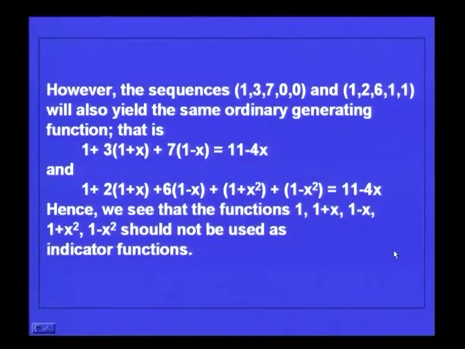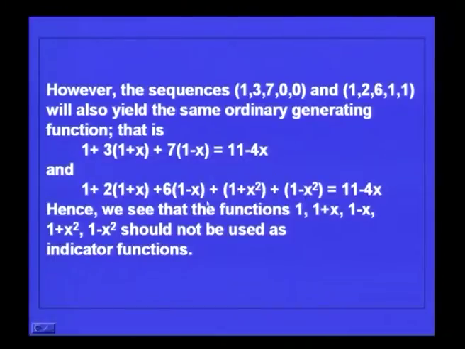It also represents another sequence. Suppose you take the sequence 1, 2, 6, 1, 1. Let us see what is the ordinary generating function for the same set of indicator functions. We have 1 into 1, 2 into 1 plus x, 6 into 1 minus x, 1 into 1 plus x squared, 1 into 1 minus x squared.